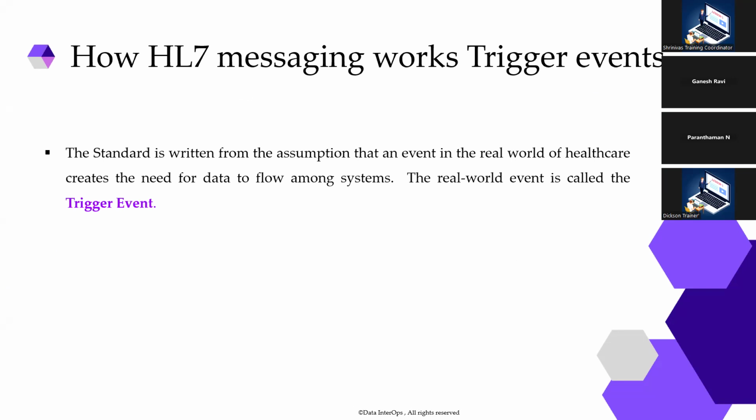So we talked about a patient walking into the hospital, and then he is talking to the receptionist to get registered. So the patient will obviously get registered and provide the data that is necessary. And once the patient is registered, the data is sent from the PM system to the EHR system. As this event is sending the data from one system to another, this is called a trigger event.